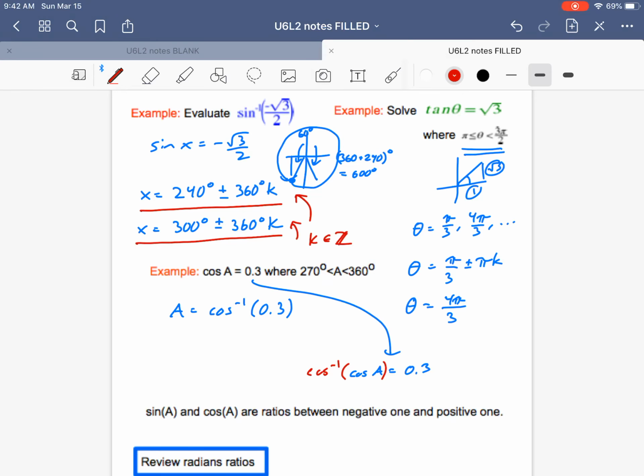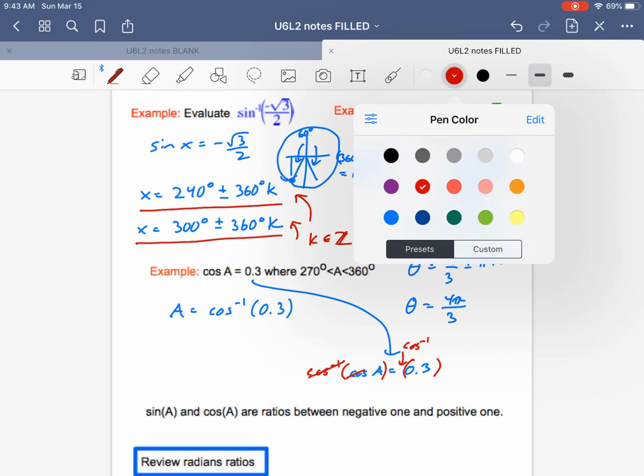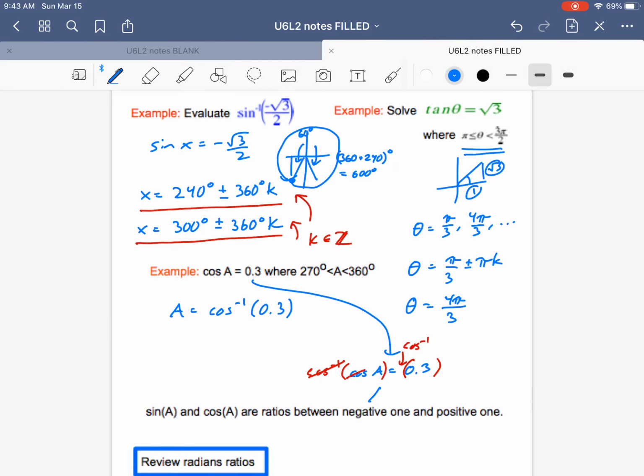then these essentially undo each other. They don't totally because of a domain restriction, but it's going to eliminate the cosine, right? And then you would have that A is equal to the cosine inverse of 0.3.